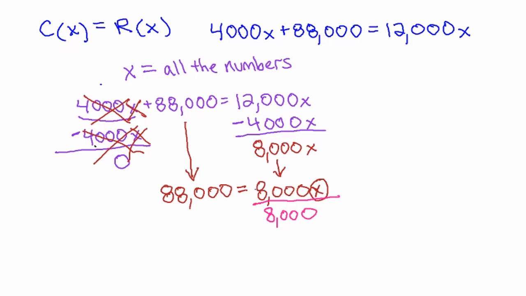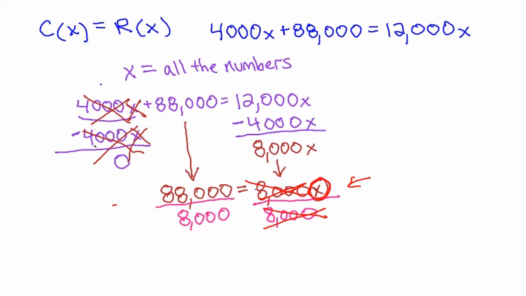And what we do on one side of the equal sign, we have to do on the other side of the equal sign. So we're going to divide this by 8,000. So if we divide 8,000x by 8,000, these 8,000s are going to cancel each other out, leaving x by itself.